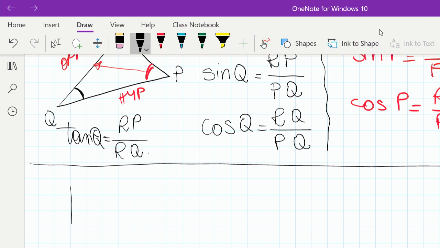So let's suppose that we have the triangle in which two of the sides of the right angle triangle are 12 and 15.